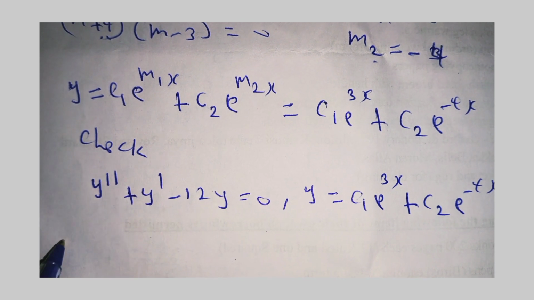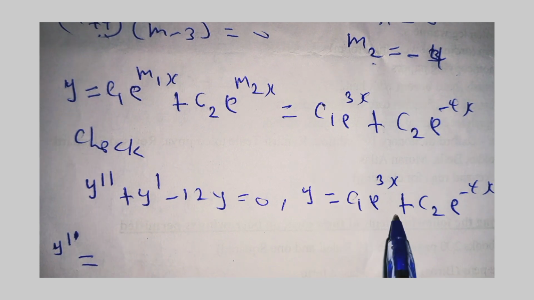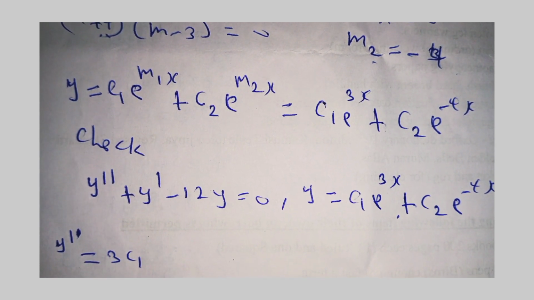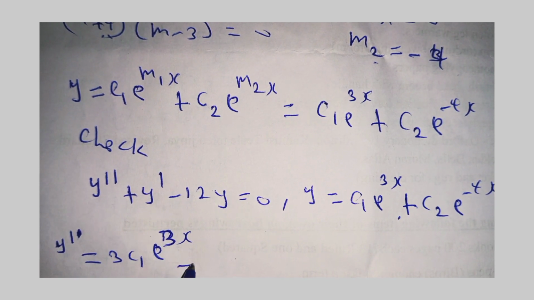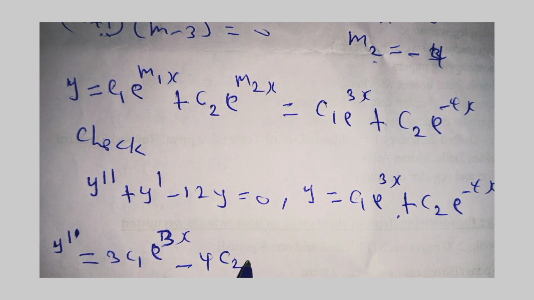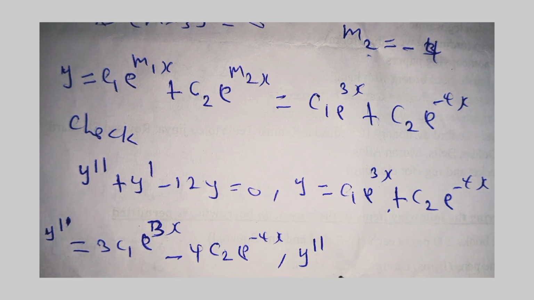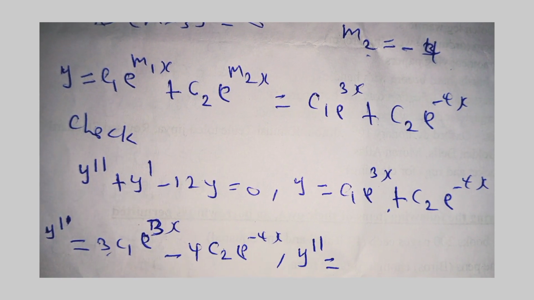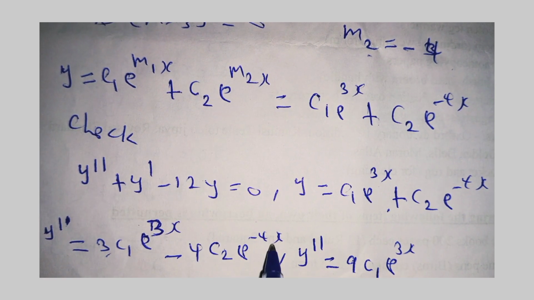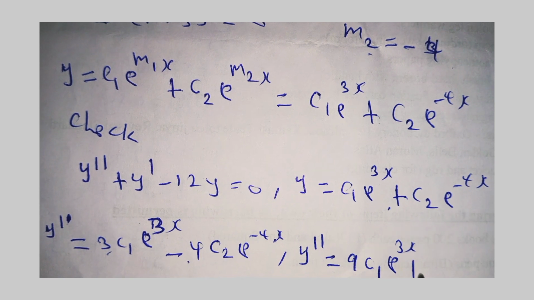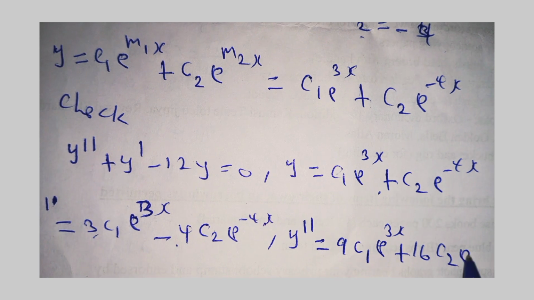First, y single prime: you differentiate this, which gives 3c1 exponential 3x minus 4c2 exponential negative 4x. Then you differentiate again to get y double prime, which gives 9c1 exponential 3x, and negative 4 times negative 4 gives plus 16c2 exponential negative 4x.